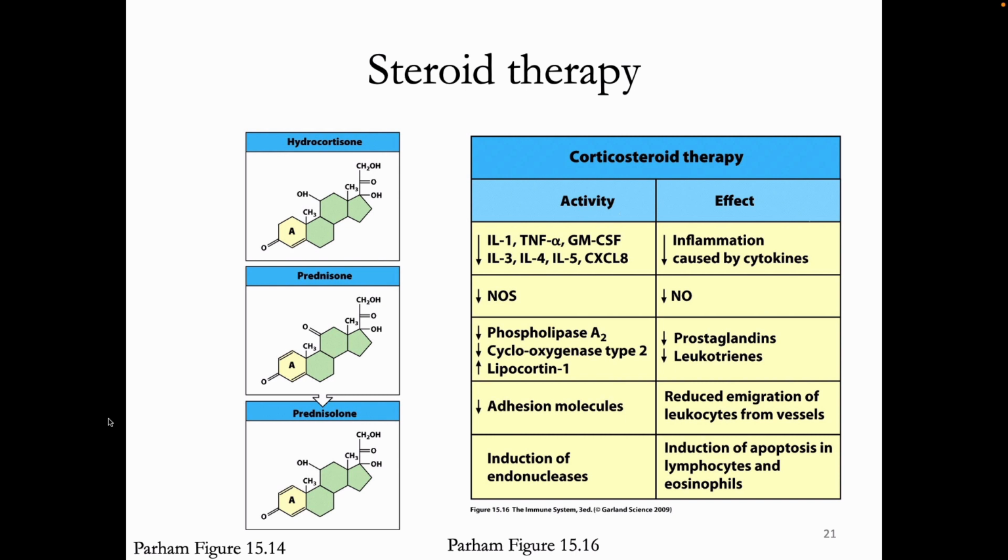And so cortisone, as well as other steroids like prednisone, can act in a number of ways against activation of immune cells. So they're going to turn off inflammation, turn off prostaglandins and leukotrienes, turn off trafficking, potentially lead to some apoptosis.